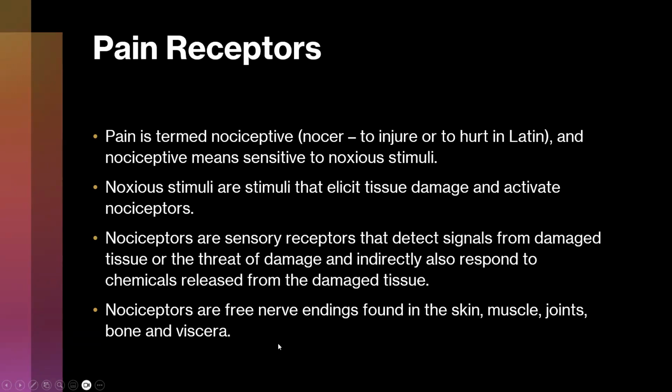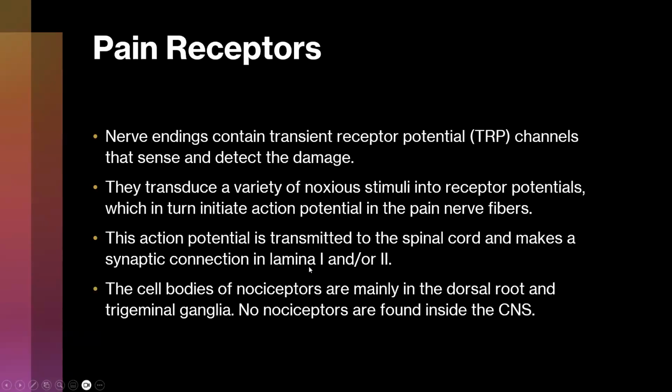Nociceptors are free nerve endings which are found in the skin, muscle, joints, bone, and viscera. Nerve endings contain transient receptor potential, TRP, channels that sense and detect the damage. These are known as pain receptors.